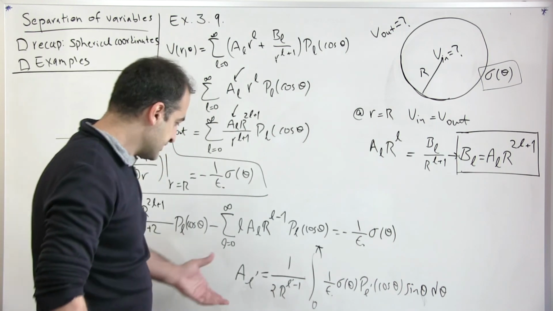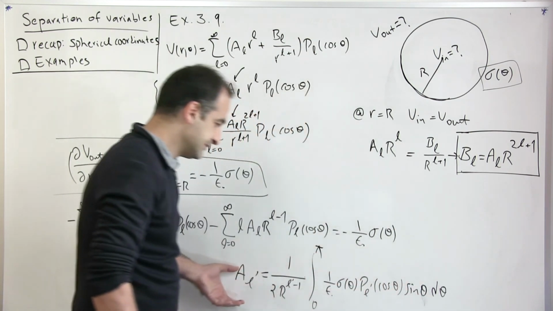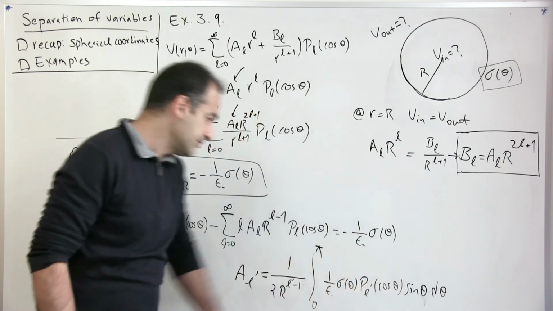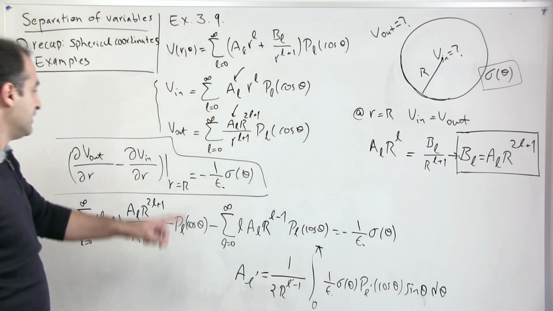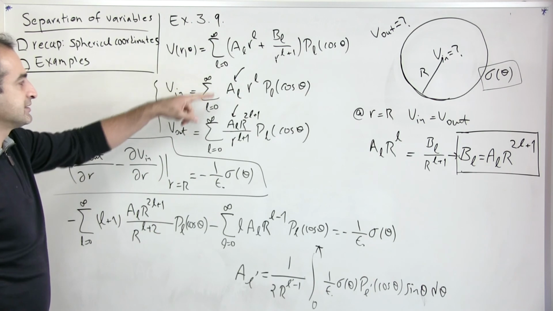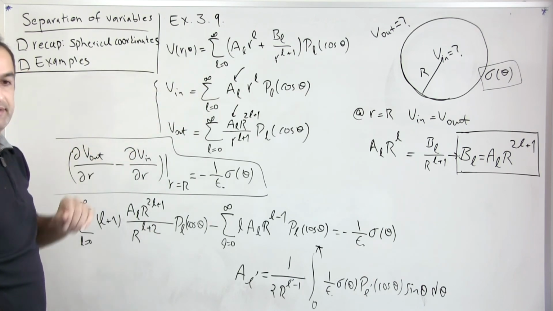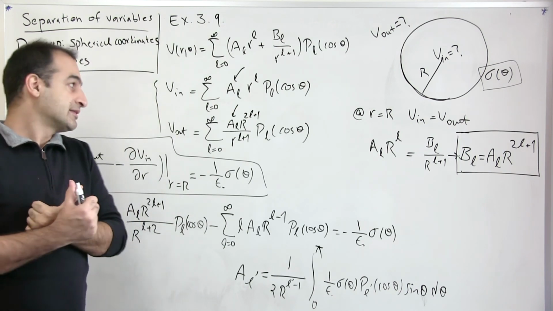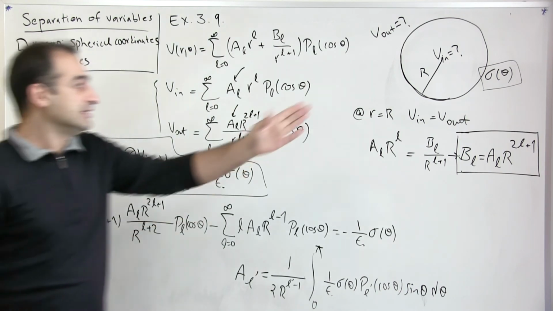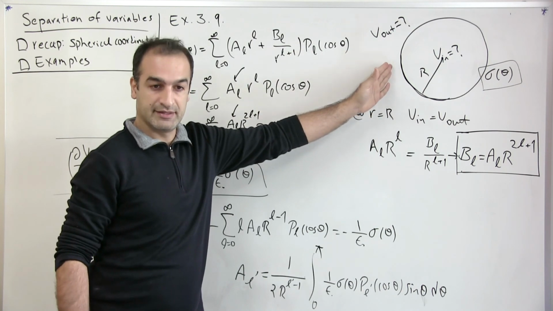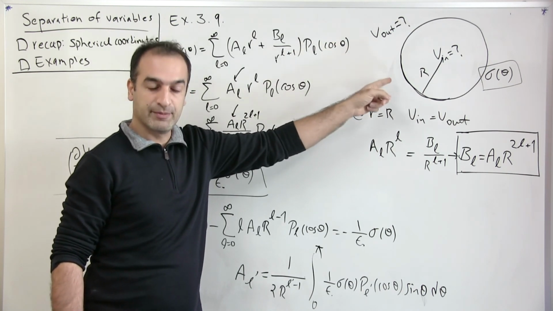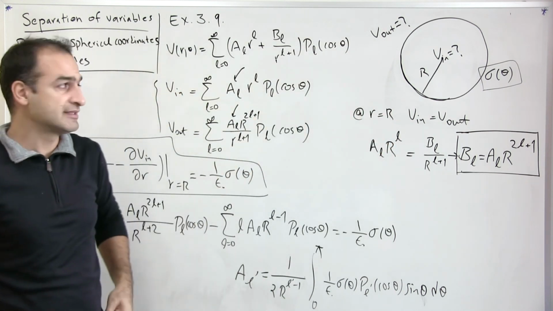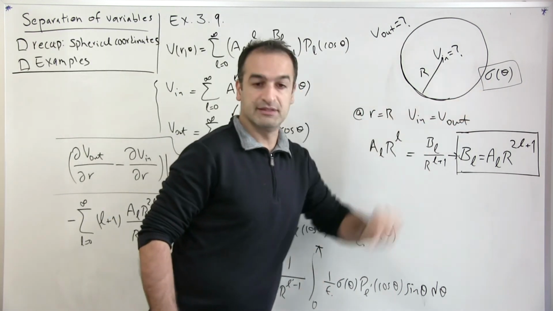These A_L values, computed based on sigma theta and Legendre polynomials within that integral, combined with these equations, give us the inside and outside electric potential in a way that it definitely satisfies Laplace's equation. It satisfies the continuity of electric field on the surface, continuity of electric potential on the surface, and discontinuity of the electric field on the surface because of the surface charge density here.